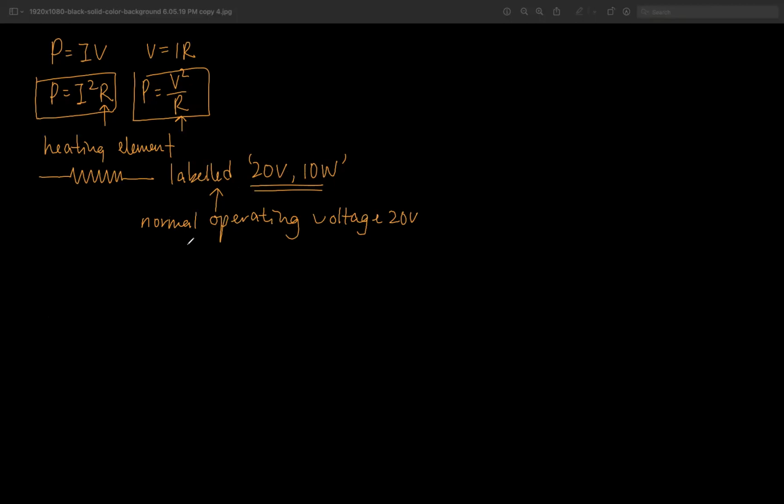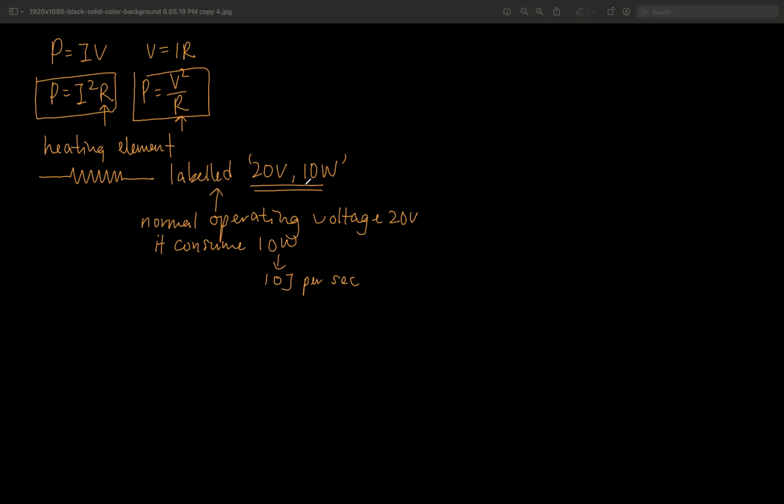And when you connect 20 volt, if it's allowed to operate normally, then it consumes a power of 10 watt. What is 10 watt? 10 watt is 10 joule per second. So when you give it 20 volt, every second this resistor consumes 10 joule and converts this 10 joule of electrical energy into heat.